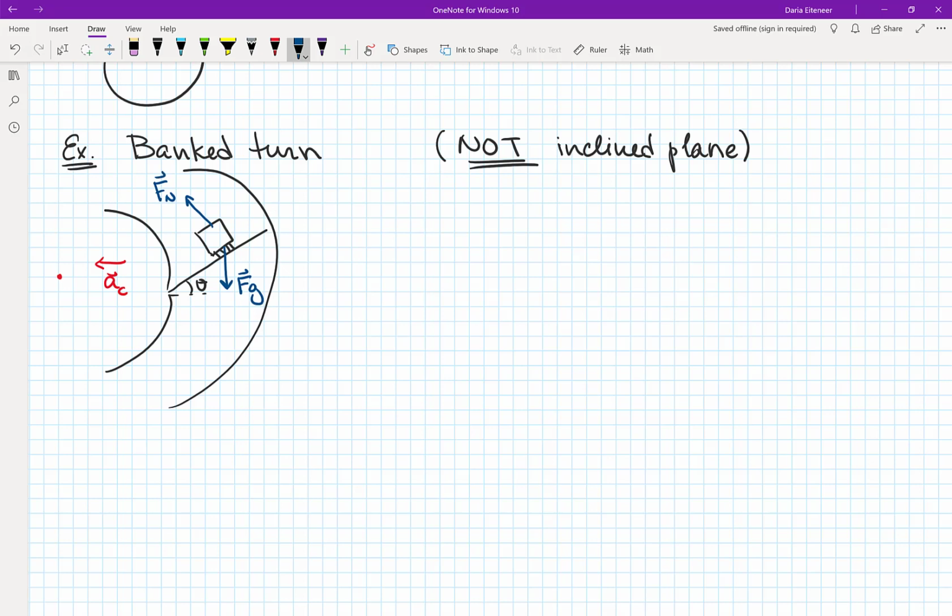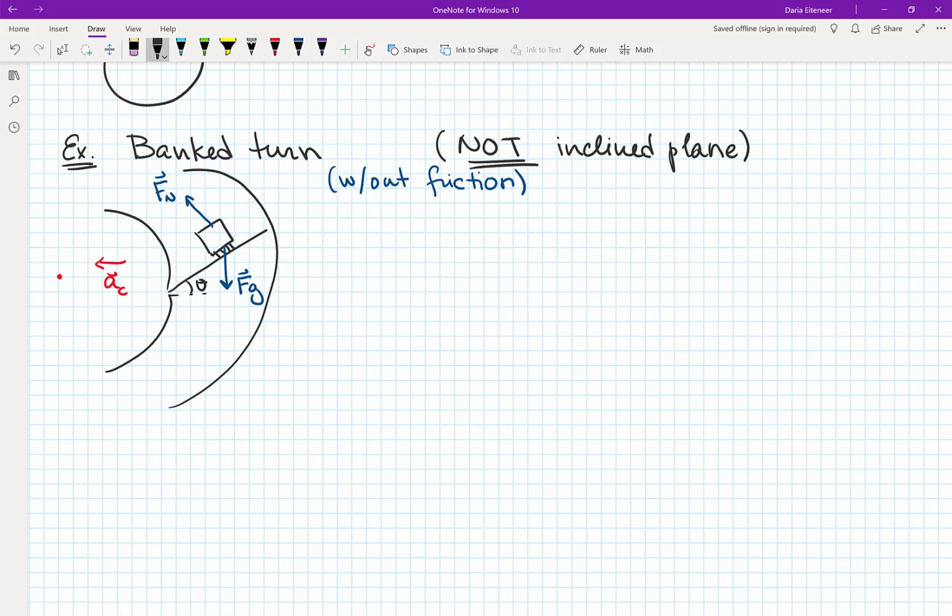There could also be a force of friction, and I encourage you to go through this idea of a banked turn one more time by yourself with friction included, but I'm going to set this up to deal with it without friction. And there is an actual real reason why I want to do it without friction. It's not only because I'm simplifying math, and I'll get to that reason in a minute.